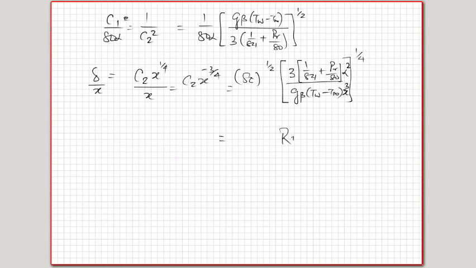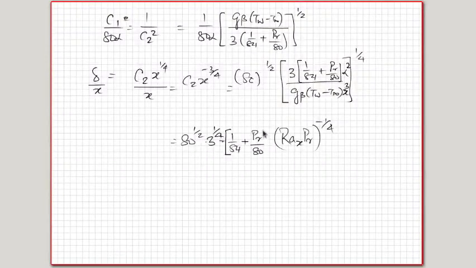So it will be Ra_x Pr raised to the power of minus 1 by 4 multiplied by alpha to the power of half multiplied by 3 to the power of 1 by 4 multiplied by 1 by 84 plus Prandtl by 80 to the power of 1 by 4. So if I simplify this, then I get this. So if I write, okay, this is your delta by x.